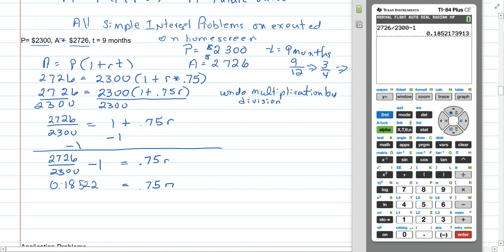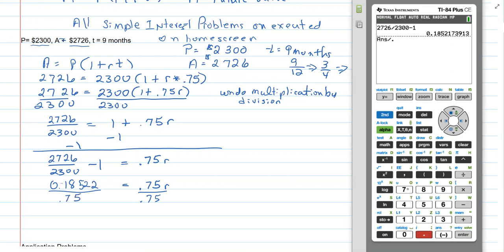Okay. So now that we have that, I'm supposed to print so that everybody understands what I'm doing. Remember, have a decimal value. So now I'm going to divide both sides by the 0.75. So I'm going to hit the divide and put the 0.75, and I end up with quite a big amount.